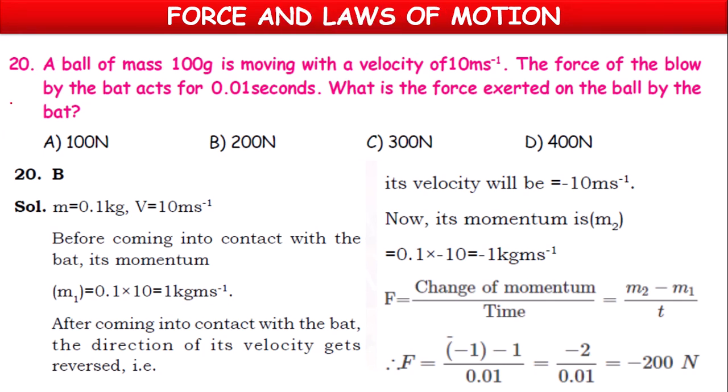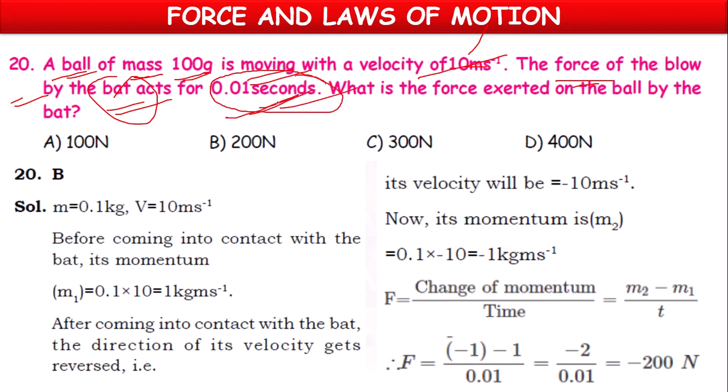Next, 20th question. A ball of mass 100 grams is moving with a velocity of 10 meters per second. The force of the blow by the bat, means the bat is hitting the ball for 0.01 seconds.